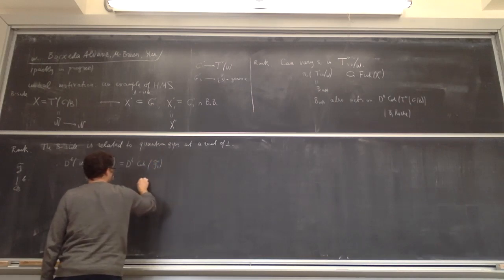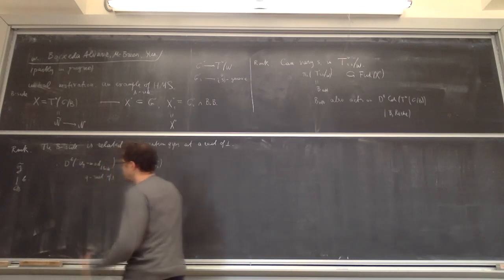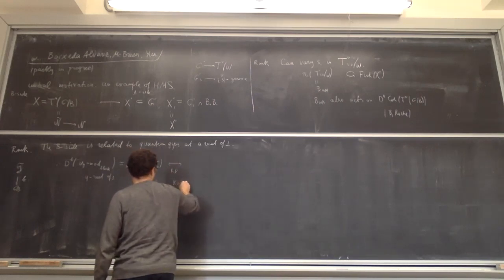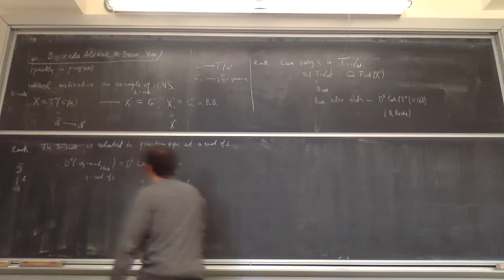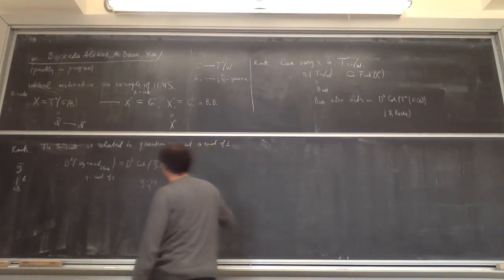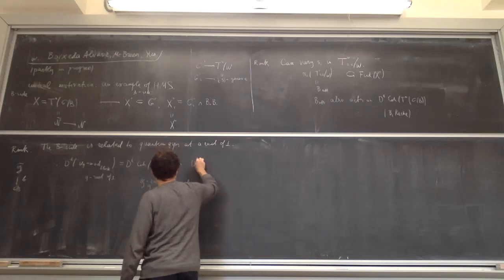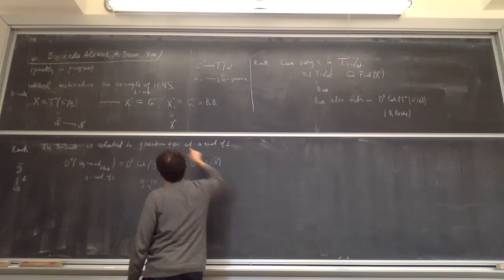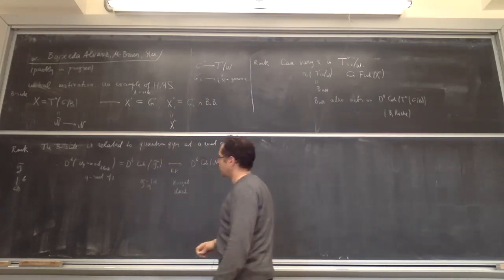So this is the derived fiber at 0, but this is Koszul dual to D^b Coh of the thing that we started from.